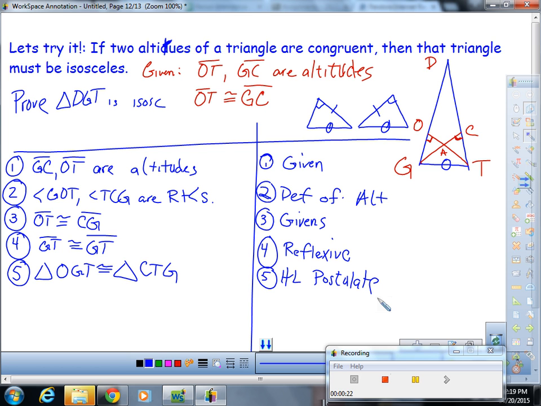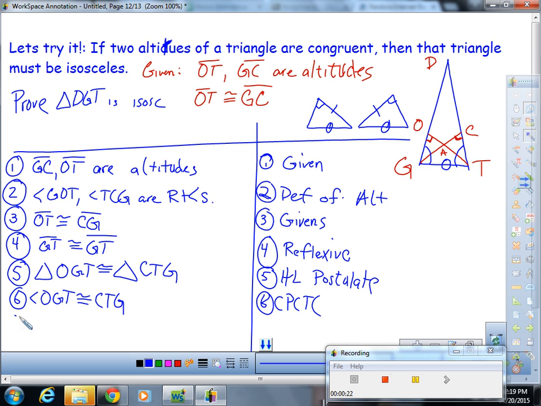Well, look, now I'm going to be able to say that angle OGT is congruent to angle CTG and that's CPCTC. So I just proved that this angle was congruent to that angle.